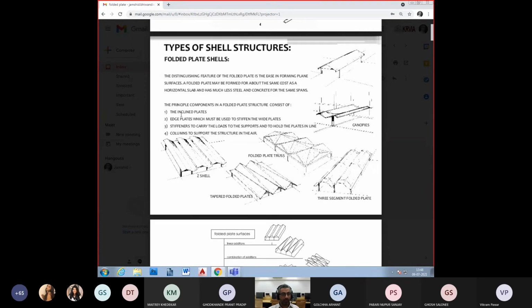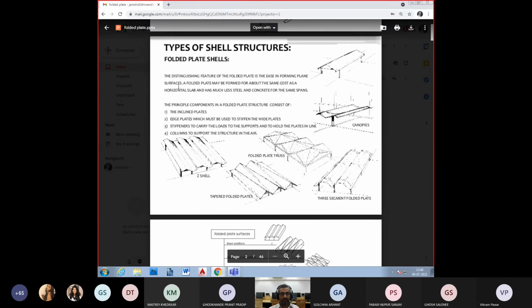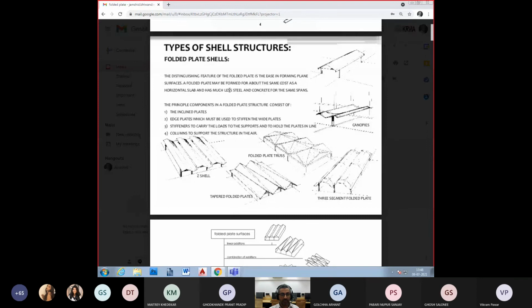So these comprise largely of inclined plates. First of all, they have much less steel and concrete. Do not forget that some shell and folded plate structures go as low as 50 mm to 75 mm of depth for pretty large spans.